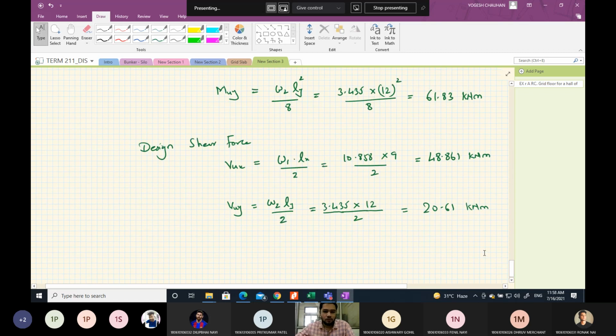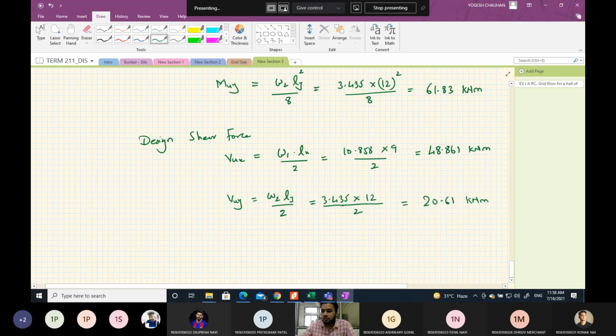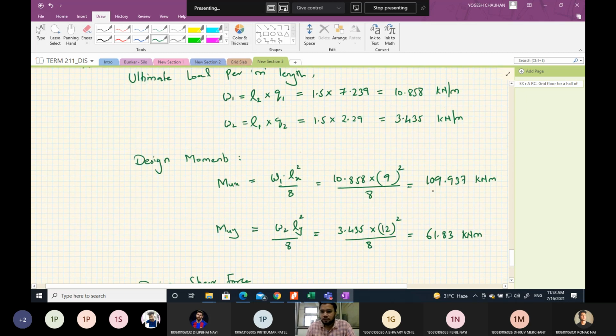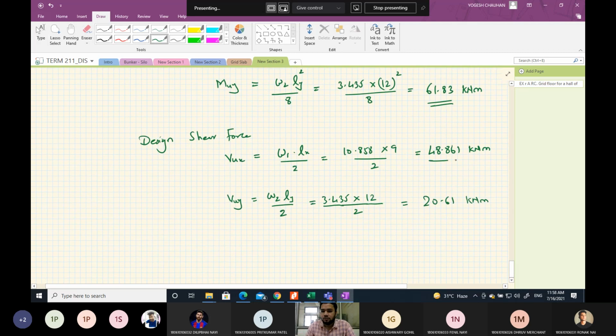So now we have the design moments in x and y directions, as well as the design shear force in x and y direction.